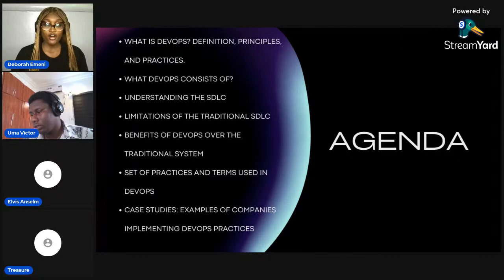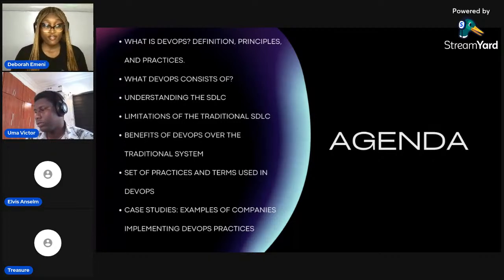So for today, we'll be talking about some concepts in DevOps. I'll be starting as a keynote speaker, and I'll be discussing briefly what DevOps is: definition, principles, and practices, what DevOps consists of, understanding the software development life cycle, and limitations of the traditional software development life cycle.